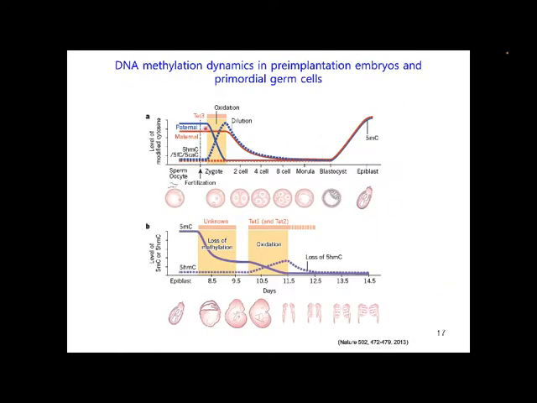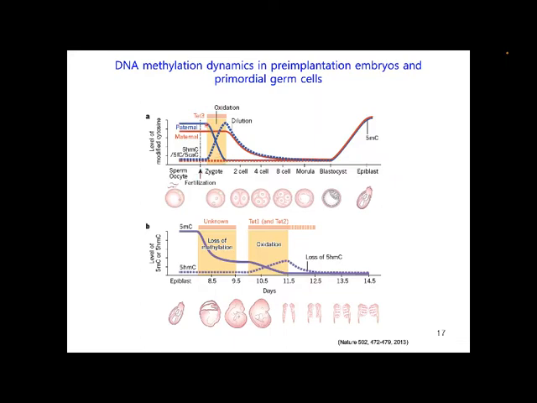So this is the DNA methylation dynamics in the pre-implantation embryo and the primordial germ cell, the oocyte or sperm generating cells, and those cells also have a specific pattern of DNA methylation and demethylation. Here is the case of the embryo. The paternally methylated pattern is quickly erased after fertilization.